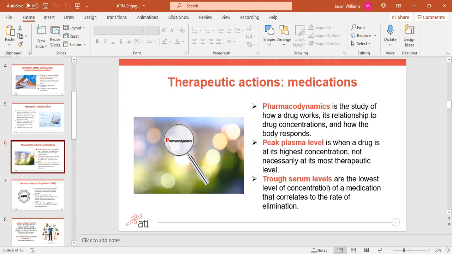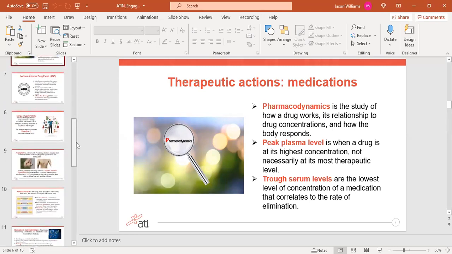Y'all may have had to get titer levels for the hepatitis vaccine to make sure that y'all have enough of the vaccine in your body. Doctors order serum levels to make sure patients have the appropriate amount of medication in their body. Because some medications patients are on, there is a therapeutic amount. And we can actually check their levels to see if that patient has the therapeutic amount.